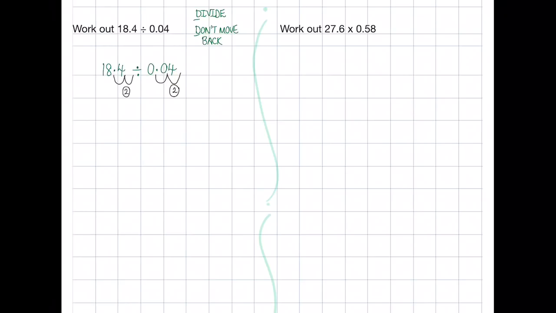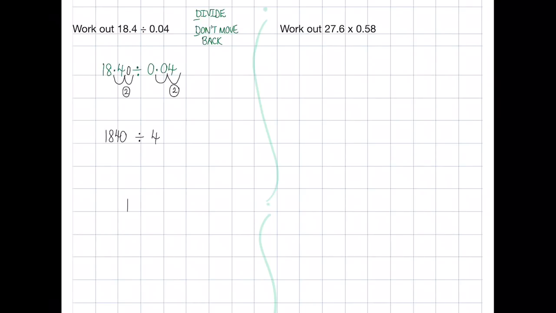Now the 18.4, you can see there's a gap there, so that will be filled with a 0. That will turn into 1,840, and that's being divided by 004, or in other words, just 4. So now I've got 1,840 divided by 4. You could do that in two ways.